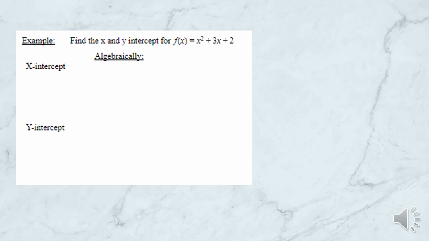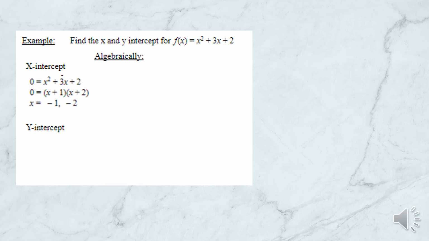So if I set my y value equal to 0, I can factor that polynomial into x plus 1 and x plus 2 and solve for when it equals 0, negative 1 and negative 2. I then can write my x-intercepts as 2 points, (-1, 0) and (-2, 0).